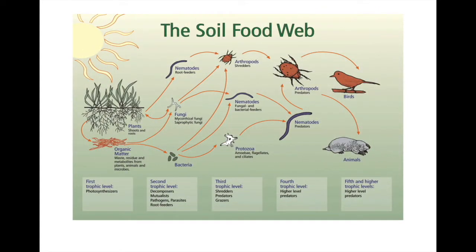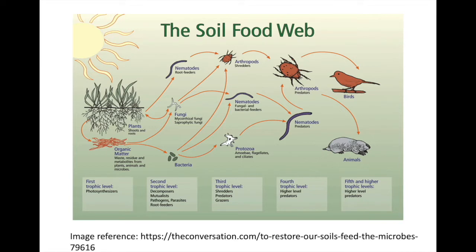I would like to present to you this image, which is taken from conversation.com, entitled The Soil Food Web. Our soils are in trouble. Over the past century, we've abused them with plowing, tilling, and too much fertilizer. You will notice here the plant, of course. The plants are planted on the soil, and let's admit that plants have a lifespan.